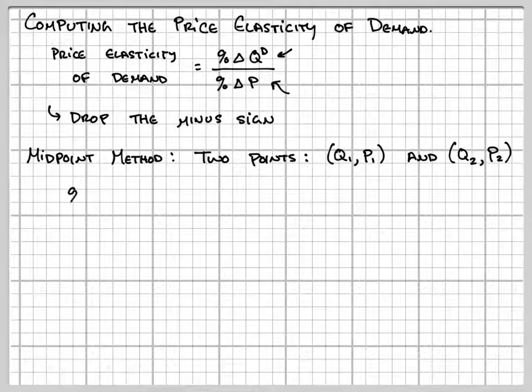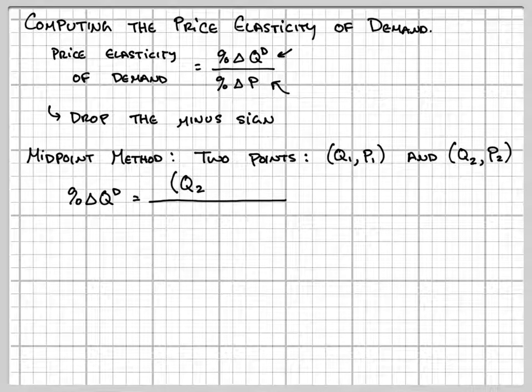We compute the percentage change in the quantity demanded as the difference between Q1 and Q2 divided by the midpoint value between the two. So Q2 plus Q1 divided by 2.